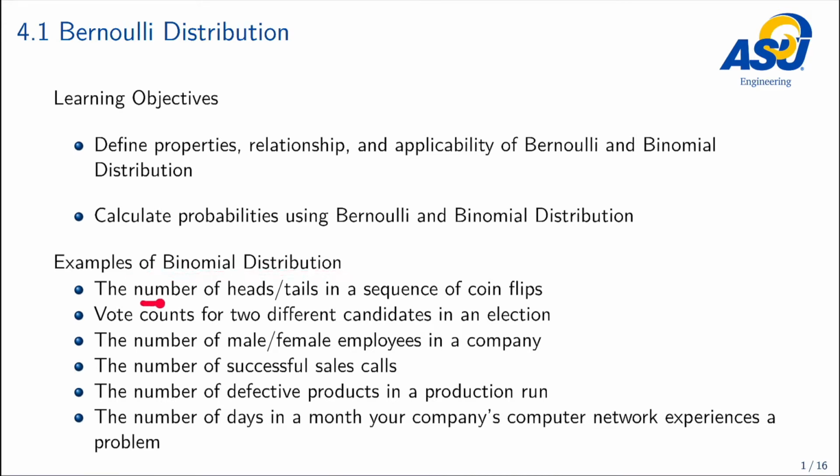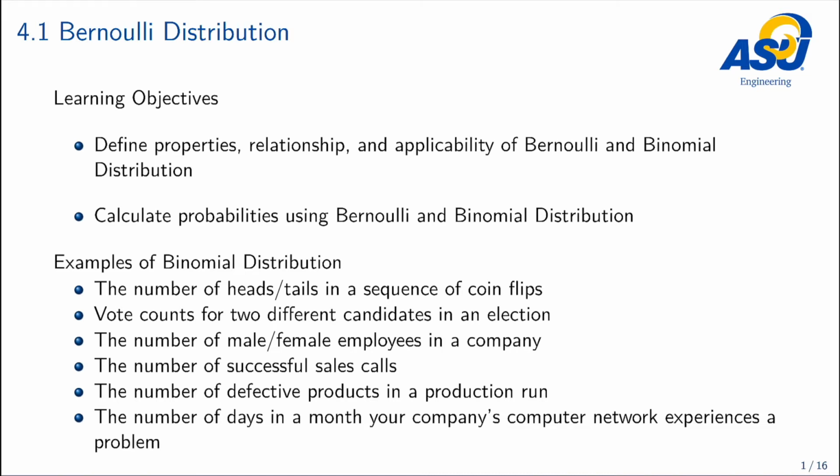For example, the number of heads and tails in a sequence of coin flips. Votes for two different candidates in an election. So we have two candidates. The number of male-female employees in a company. The number of successful sales calls. They are either successful or unsuccessful.